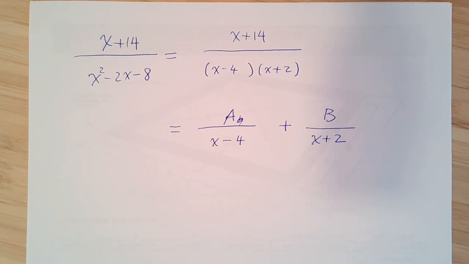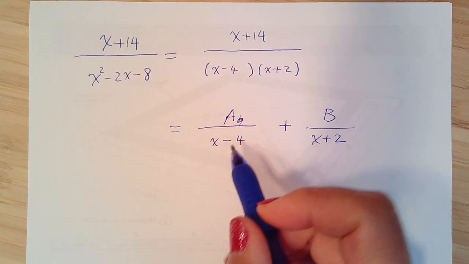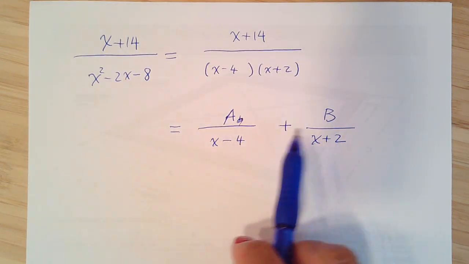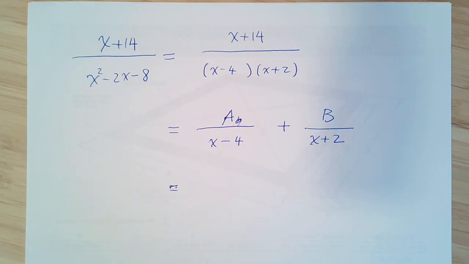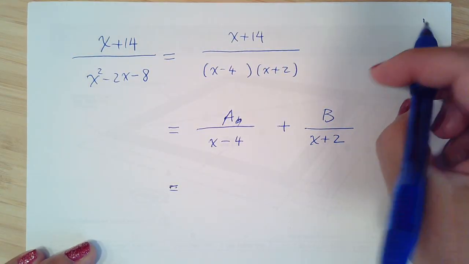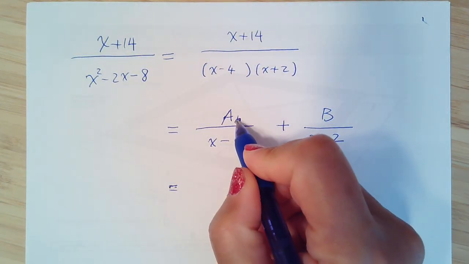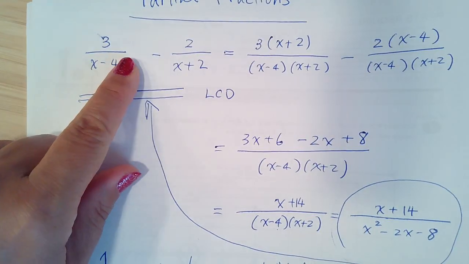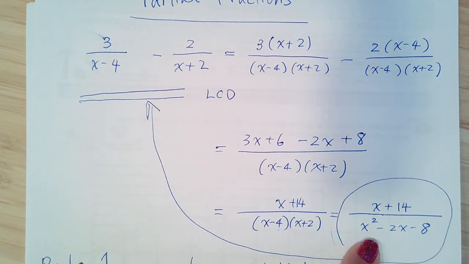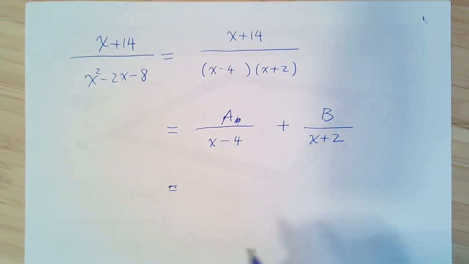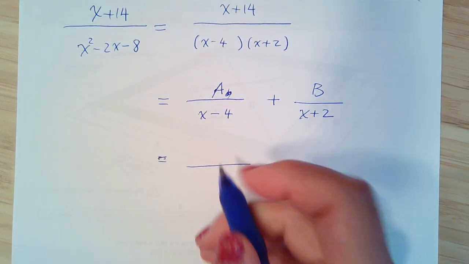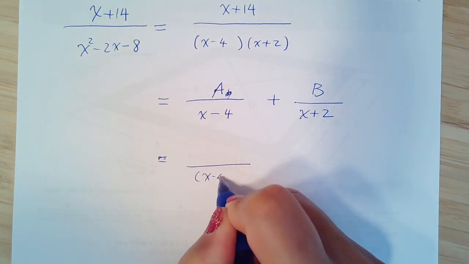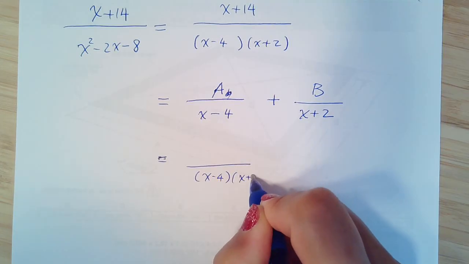Now, my next step is to find A and B. How should I do that? Once you break that into this form, we keep this A and B, and we do it backwards, just like we did from here to here. So find the least common denominator, which is (x minus 4) times (x plus 2).